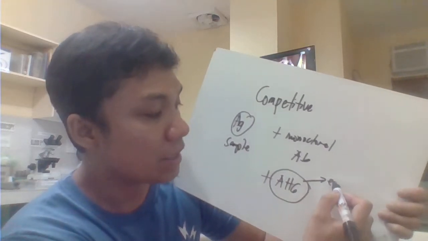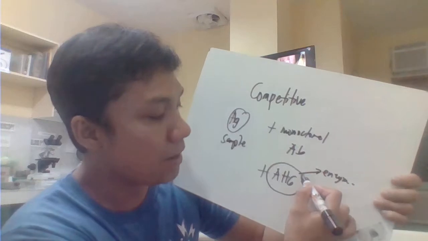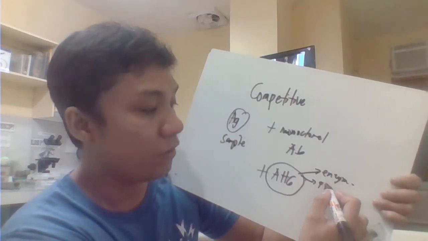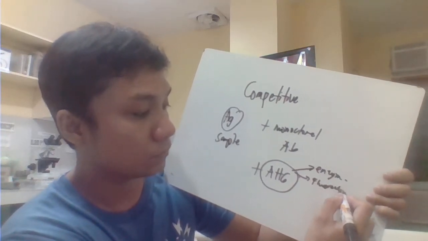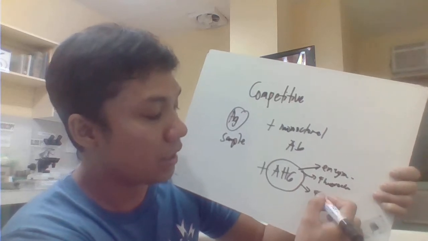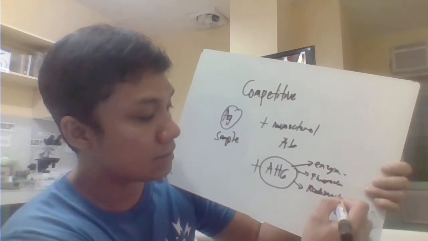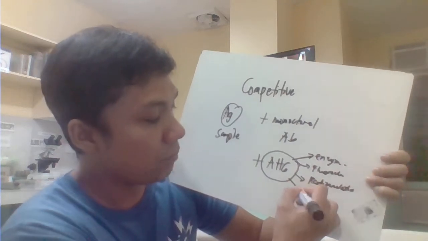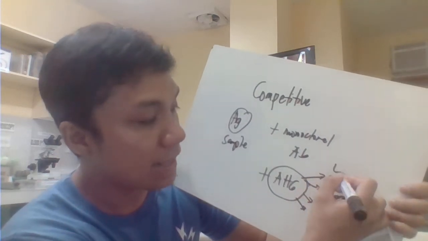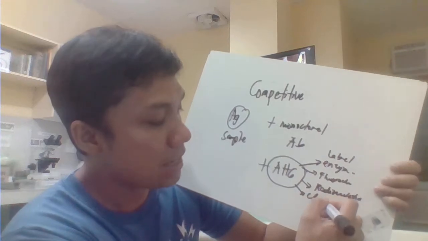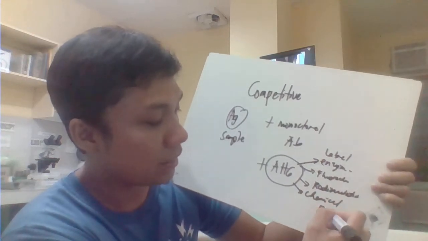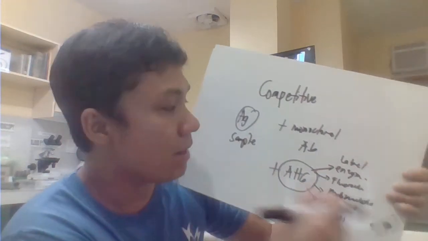Ang label natin, pwede siyang enzyme, fluorochrome, radionucleotides, or your chemical reagent. So, mamimili ka lang ng ililabel mo dito.